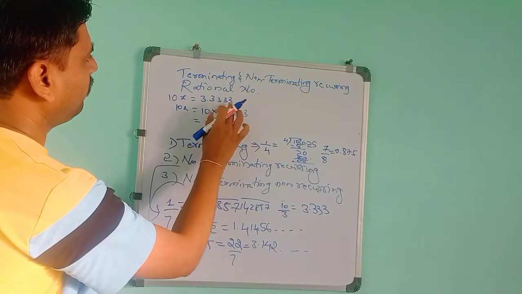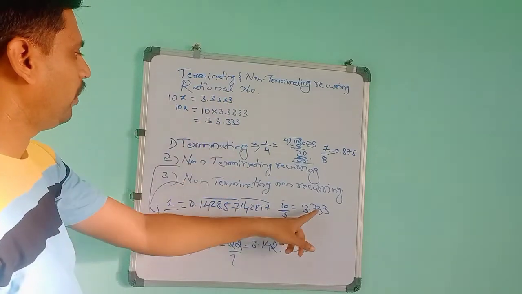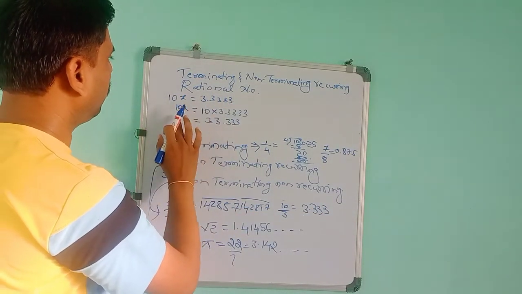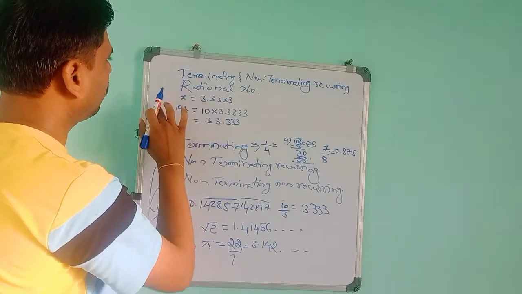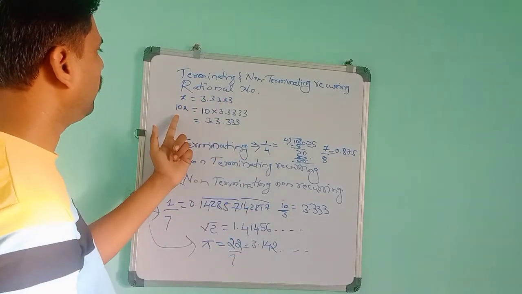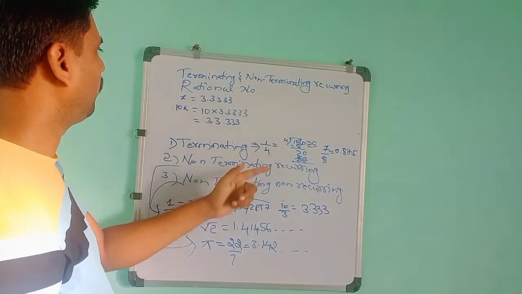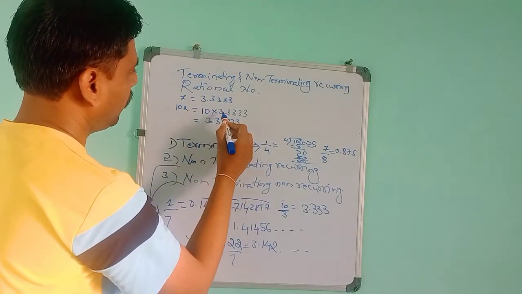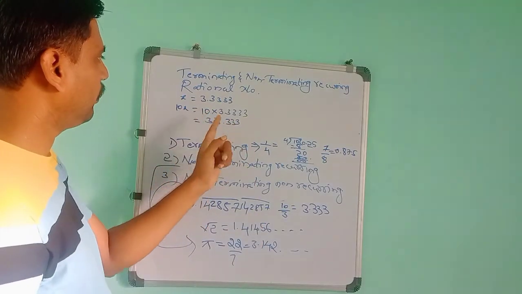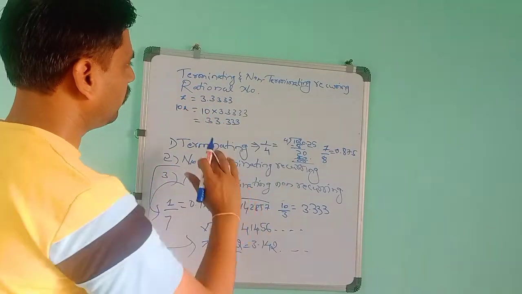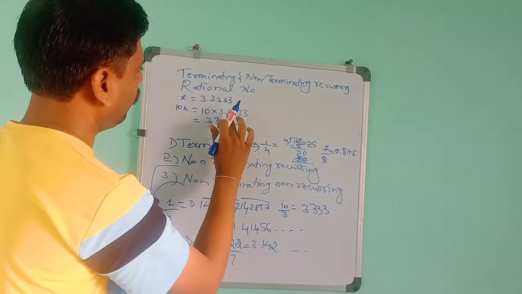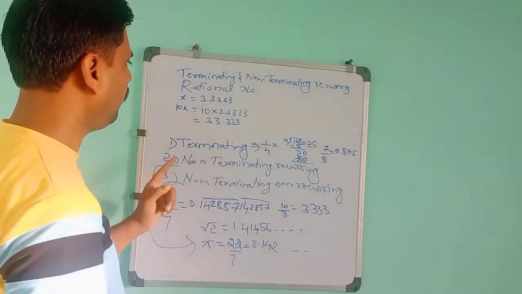So once more I will repeat it. You put x as 3.33. Multiply both sides by 10. This is 10, this is x. Both sides 10, so 10 into x, 10 into 3.33. 10 into 3.33 is nothing but 33.33, because 10 is there. In multiplication by 10, the decimal point moves one place to the right, so point is here, it will move to this one, 33.33.